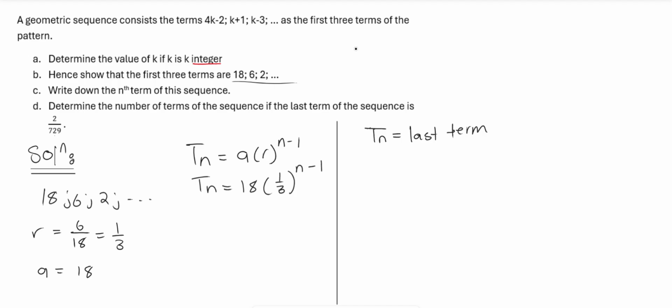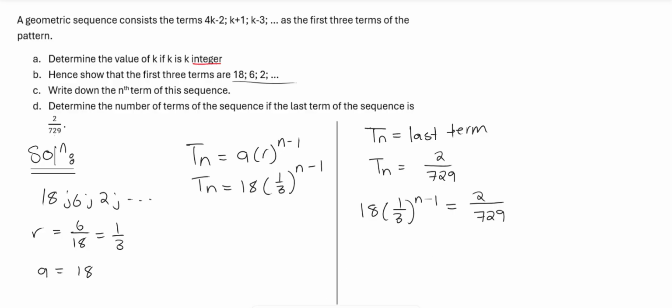So here, Tn is going to be equal to 2 divided by 729. Therefore, our Tn is going to be equal to 18 multiplied by 1 over 3 to the exponent of n minus 1.